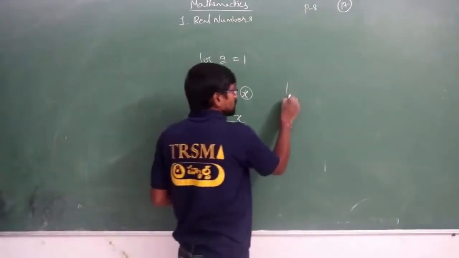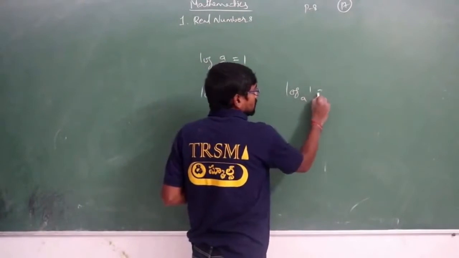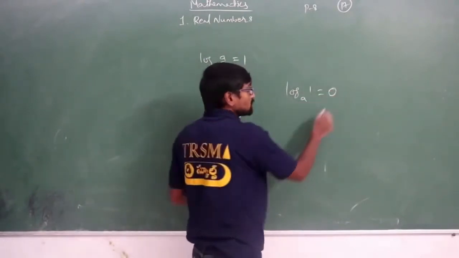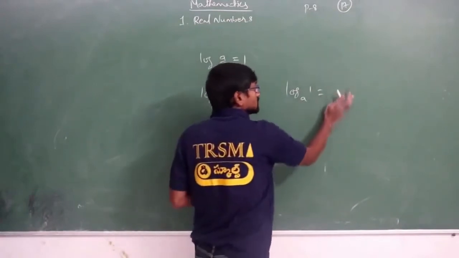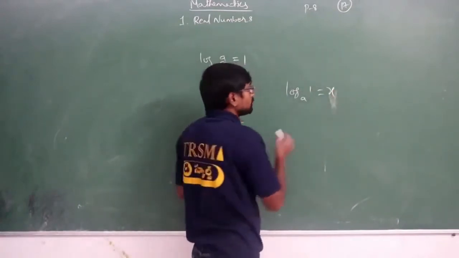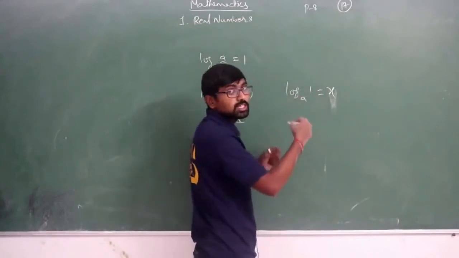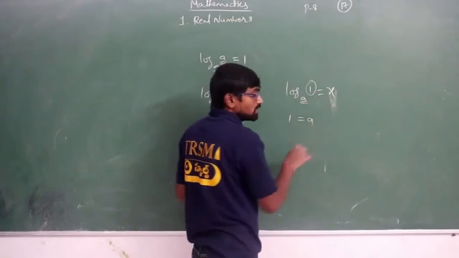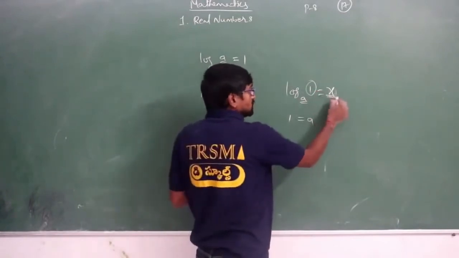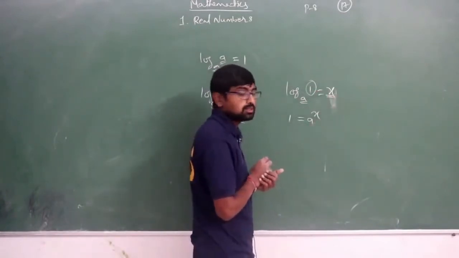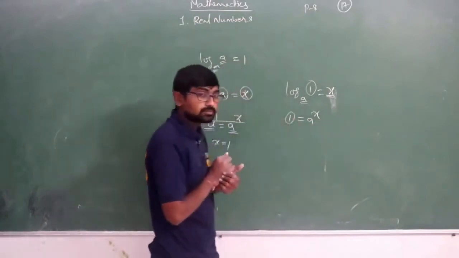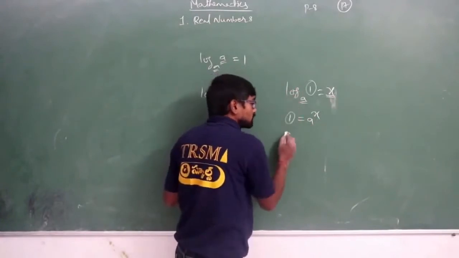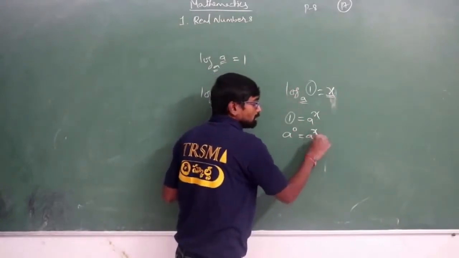And one more thing: log base a of 1, how much did I say? 0, isn't it? Let us assume it is not 0 and say it is x. We have to convert this into exponential form. 1 will come here, this base will be the base here, and x will go to the power. Now here the bases are not equal. To make the bases equal, can I write 1 as a power 0, so that a power 0 is equal to a power x?